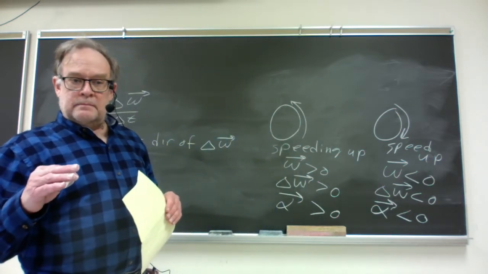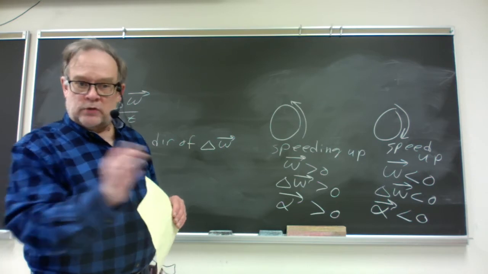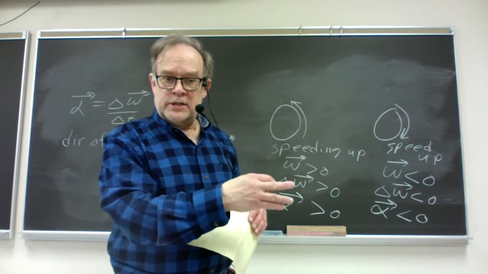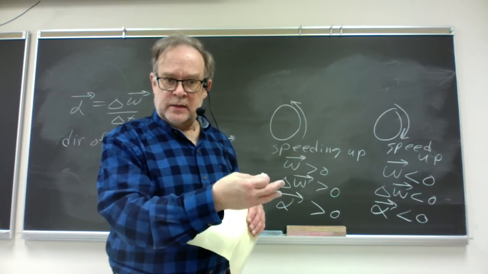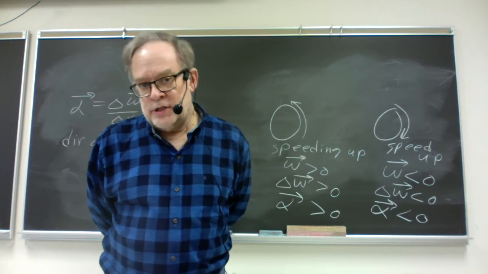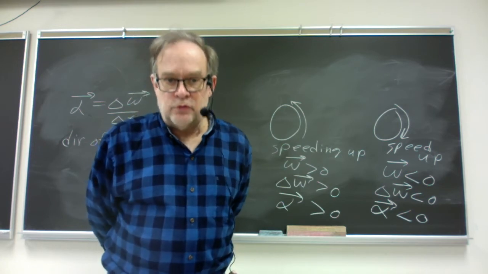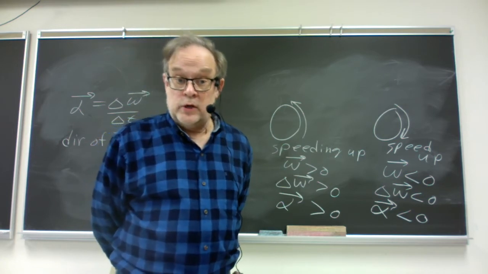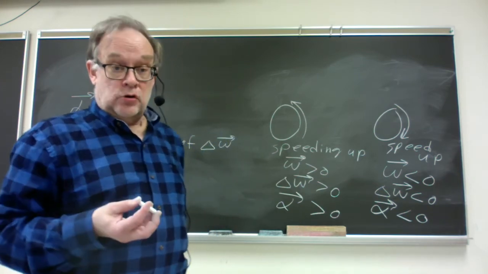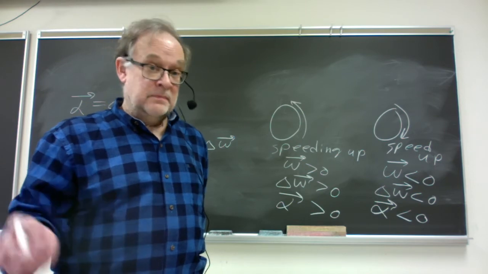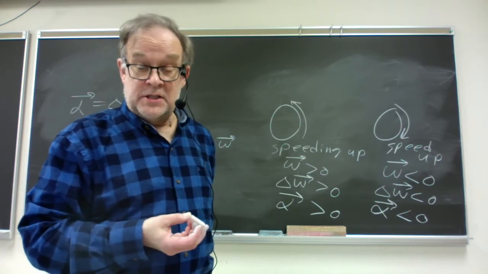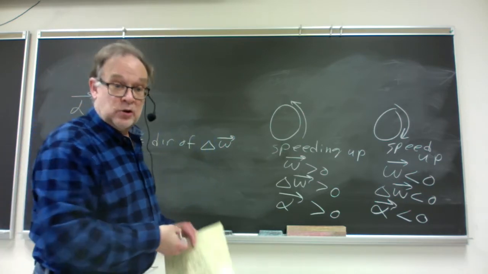All right, and again, just like what we've already seen before, when there's an acceleration, there's something that's causing that acceleration. When we have a meters per second acceleration, we say net force causes that acceleration. And similarly, when we have an angular acceleration, there will be a net something else that causes that angular acceleration.